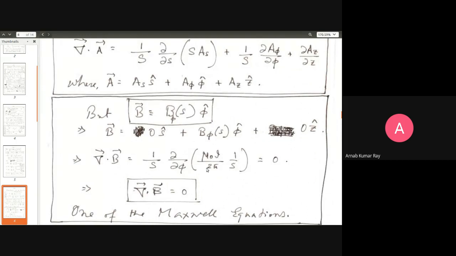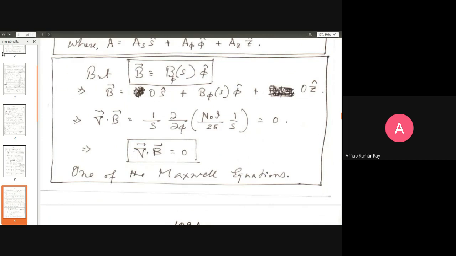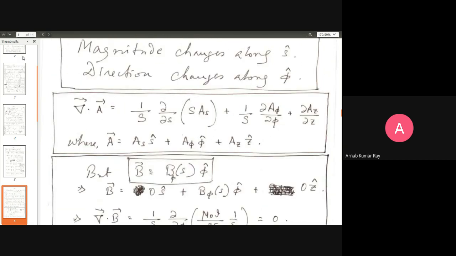The only variable is S. The magnitude does not depend on phi, the direction is dependent on phi. So del phi of this quantity will be 0, so 1 upon S into 0 will be equal to 0. So divergence of B is equal to 0. So this is also one of the 4 Maxwell equations. I haven't exactly gone through a formal proof of it.